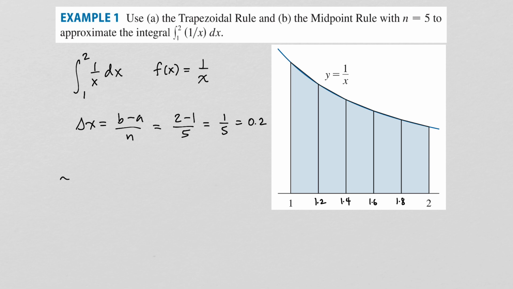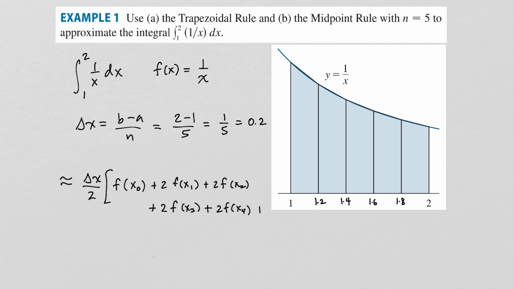Now, these are the numbers that we're going to use when we use the trapezoidal rule. So let's remember that the trapezoidal rule tells us that the integral here is approximately delta x divided by 2 times f of x0 plus 2 times f of x1 plus 2 times f of x2 plus 2 times f of x3 plus 2 times f of x4 plus finally f of x5.